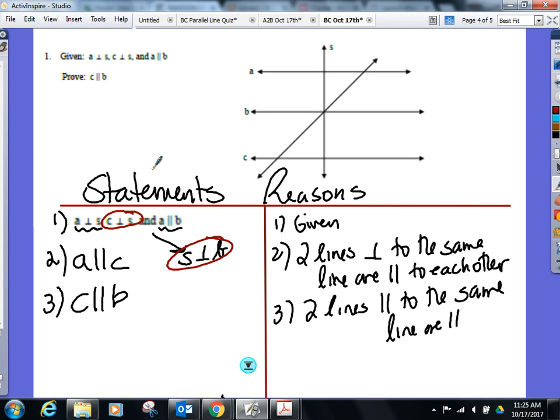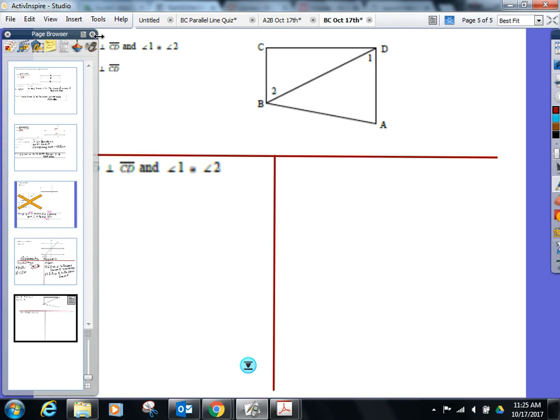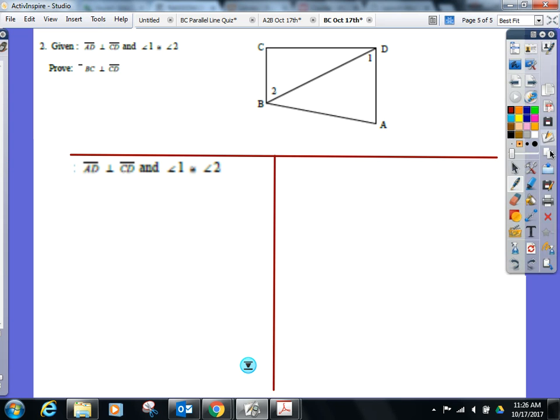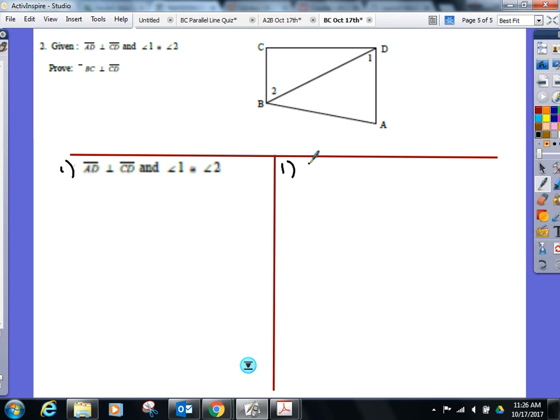All right. This last one, what if you can't use one of the theorems right away? All right, so go ahead, jot everything you need down, and we'll discuss. You can't use one of the theorems right now.